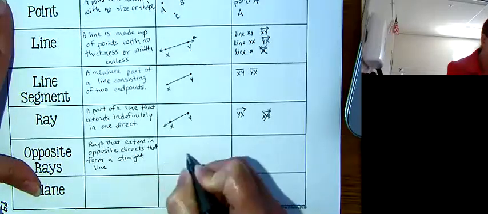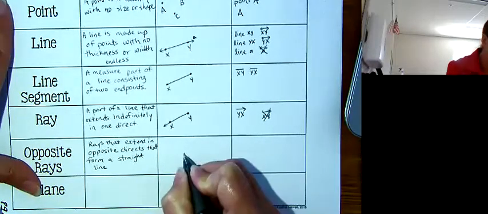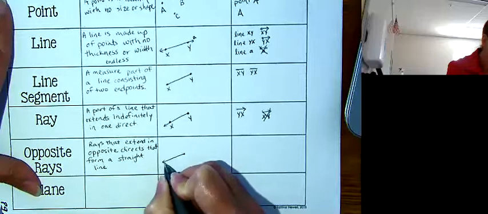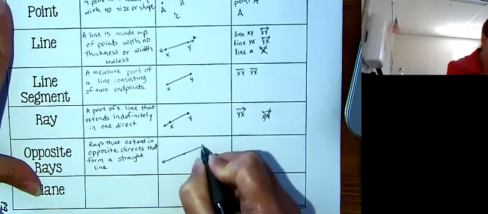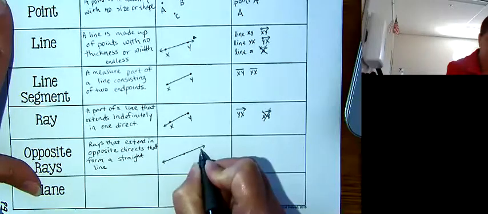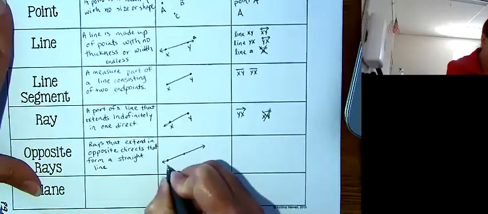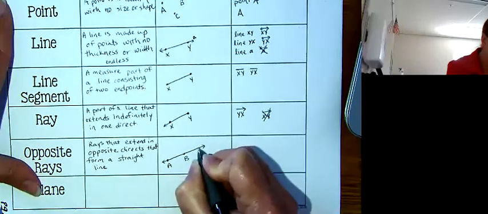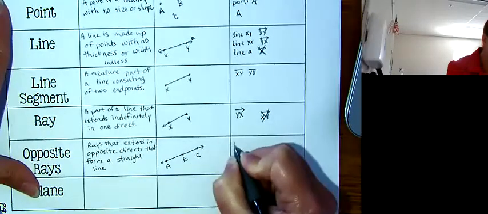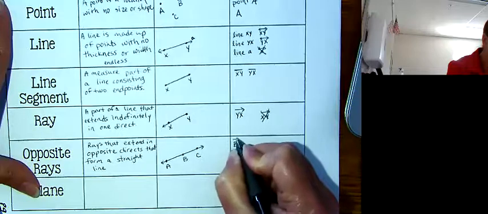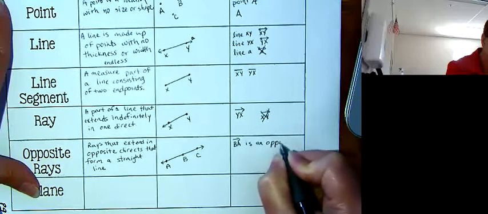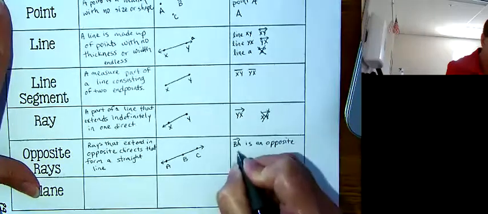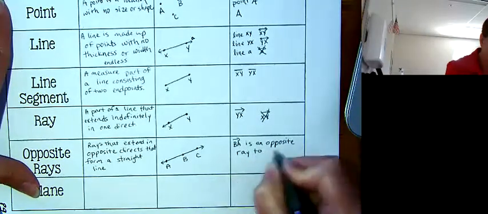So if I have a point, and I extend in one direction, and then I extend exactly in the opposite direction and actually form a line, those two would be opposite rays. I'm going to put a point on here so that we can easily distinguish them. So I would say that ray BA is an opposite ray to ray BC.